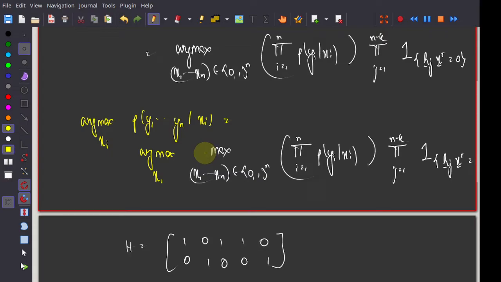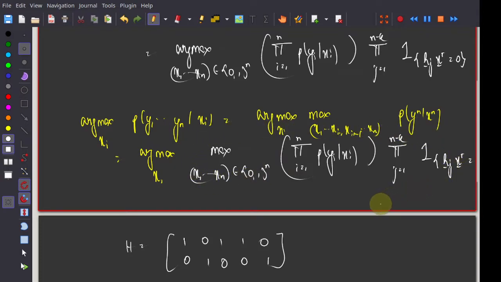So this is argmax over xi of max over x1 up to xi minus 1, xi plus 1 up to xn of p of y given x. And what is p of y given x? I can write it in the following form.